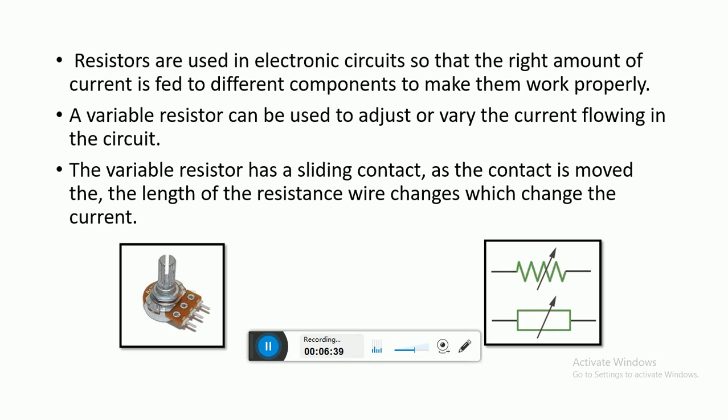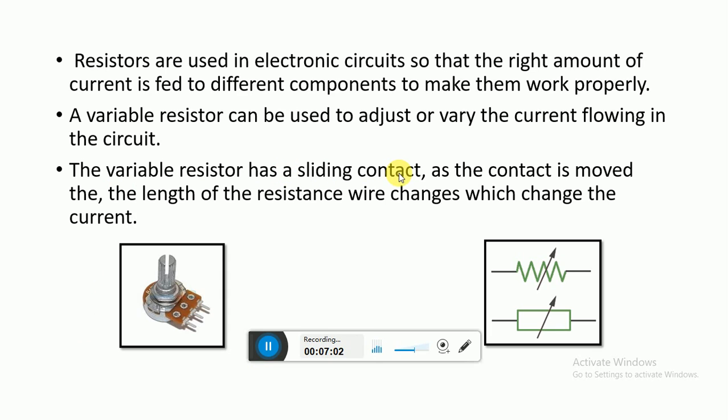If length increases, resistance also increases. If length decreases, resistance also decreases. That's why a variable resistor has a sliding contact.